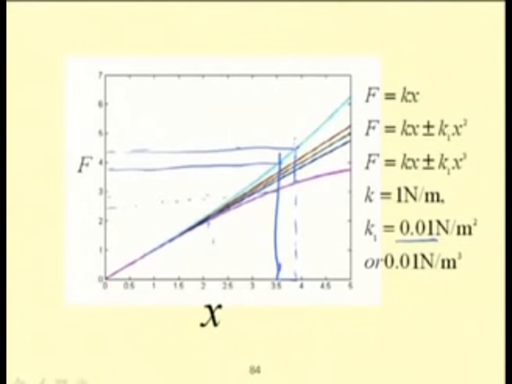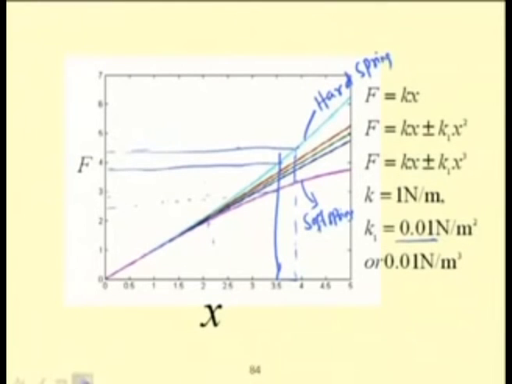So this spring can be called a hard spring, and the other spring is a soft spring. We may have a hard spring or a soft spring. Due to the presence of this type of spring, the force displacement relationship cannot be linear.